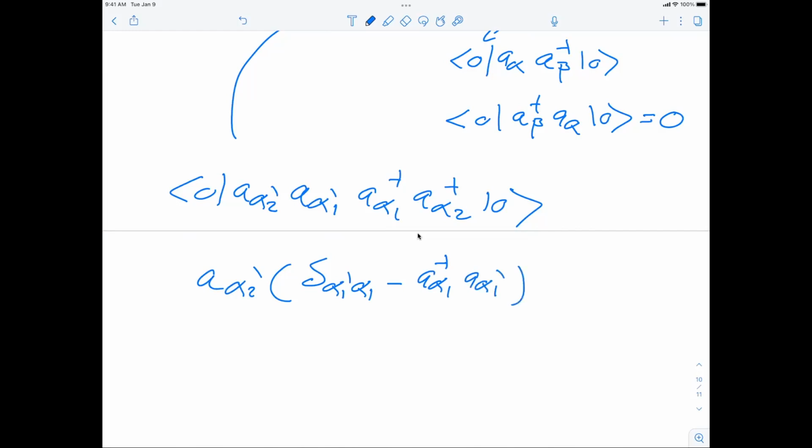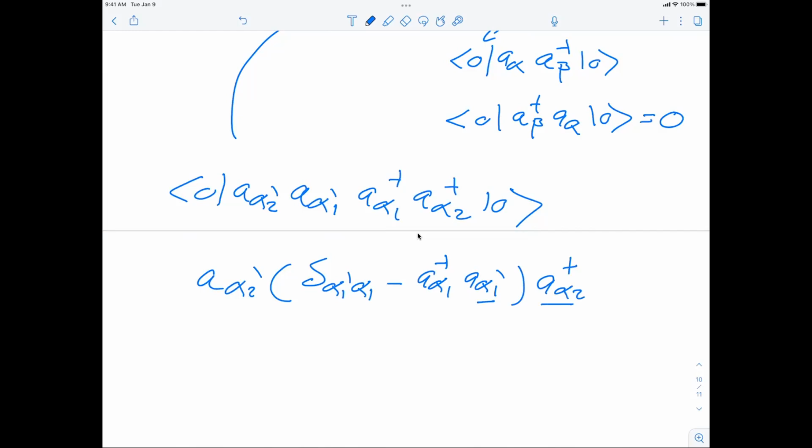And this is then multiplied with A alpha 2 dagger, like this. So it is enough to have one annihilation operator acting on the vacuum state. So what I could do next now is simply to take this term and anti-commute it with that one.